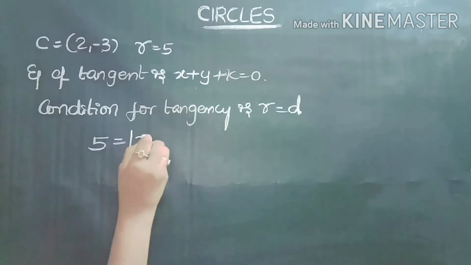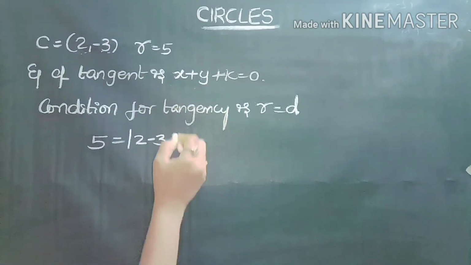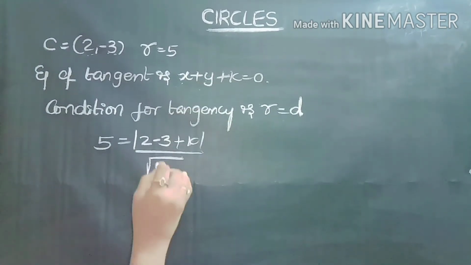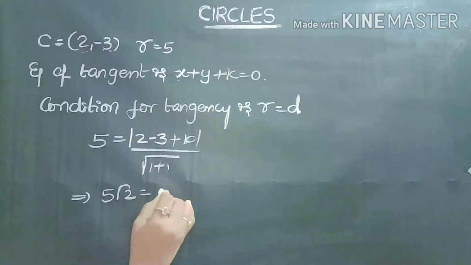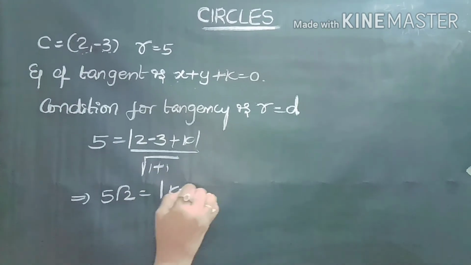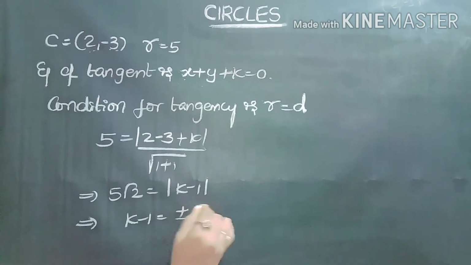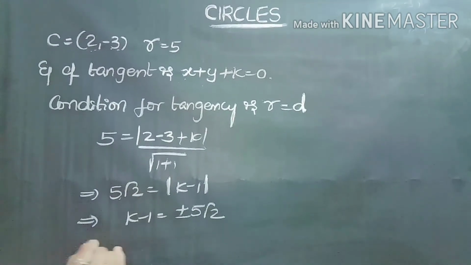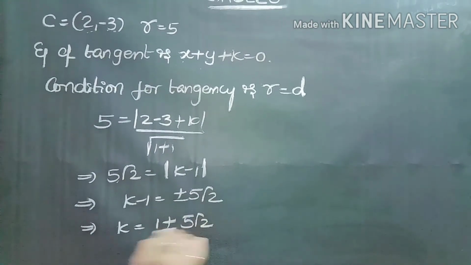In place of x comma y we take these two values: 2 minus 3 plus k by square root of 1 square plus 1 square, that is 1 plus 1, which implies 5 root 2 is equal to modulus of k minus 1. That is k minus 1 is equal to plus or minus 5 root 2. Removing the modulus and taking the plus or minus to the other side, k is equal to 1 plus or minus 5 root 2. This is the value of k.